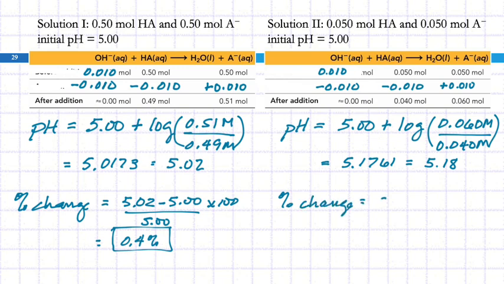Percent change, 5.18 minus 5 divided by 5 times 100. 3.6%.